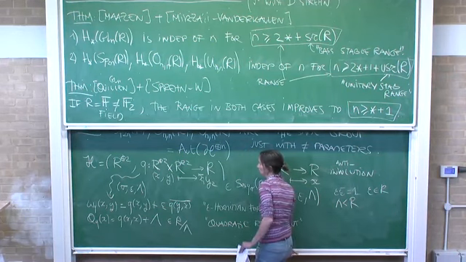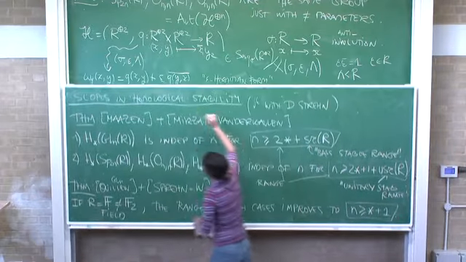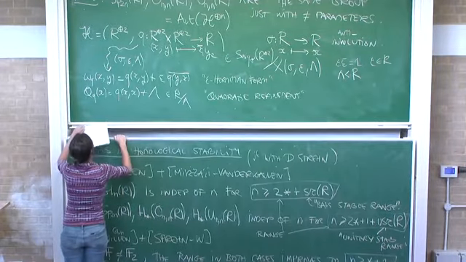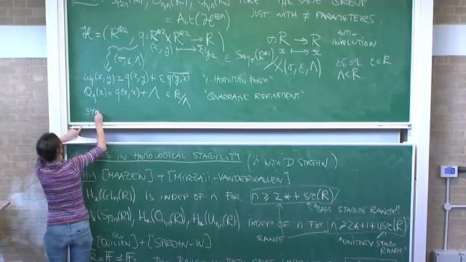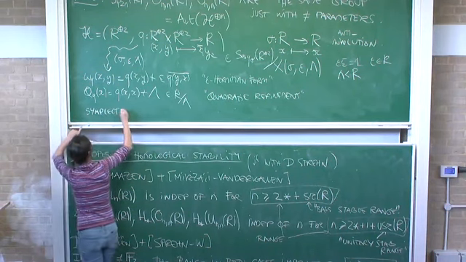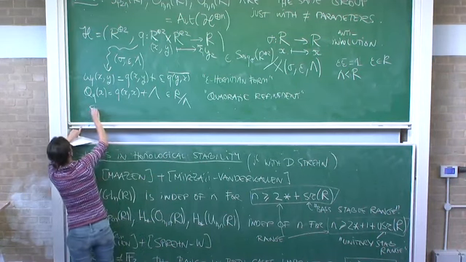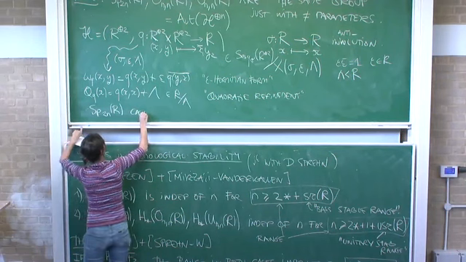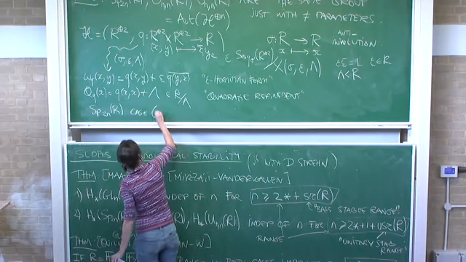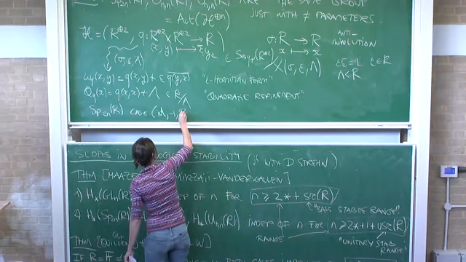And the symplectic groups, Sp_2n, is the case where the involution is the identity, epsilon is minus 1, and lambda is the whole thing.